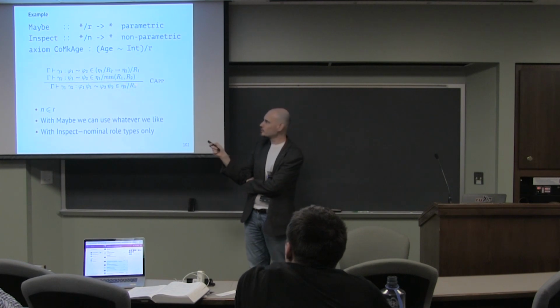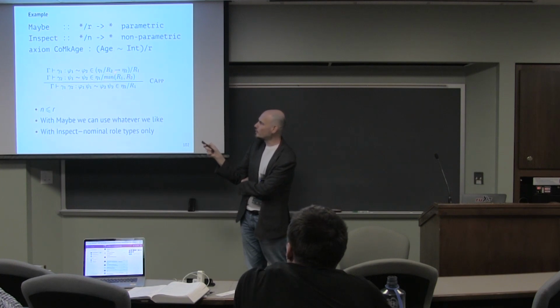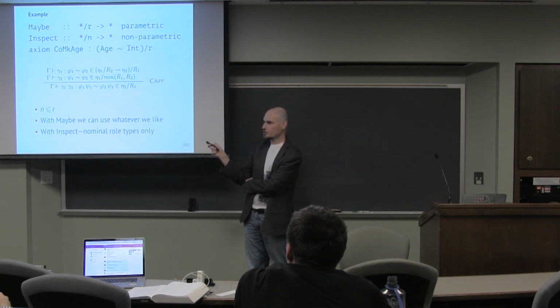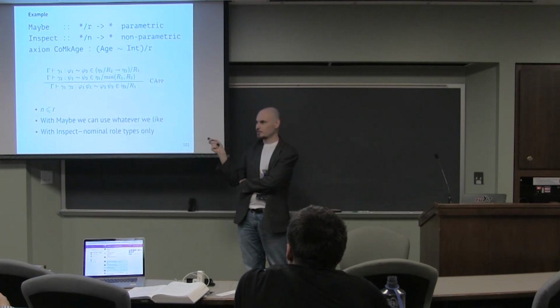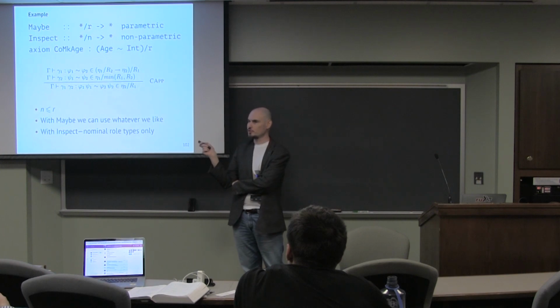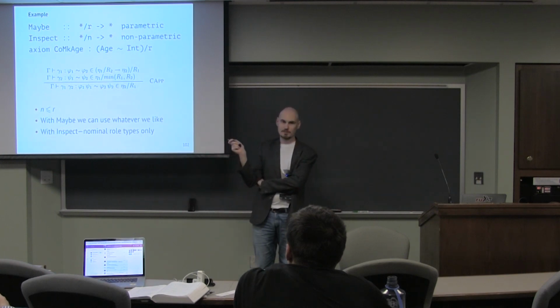And is it possible to get a minimum of R when R2 is nominal? Like here, is it possible to get a minimum of R? No, it's not possible. And that means that this rule restricts us, so we cannot do such a thing for inspect.